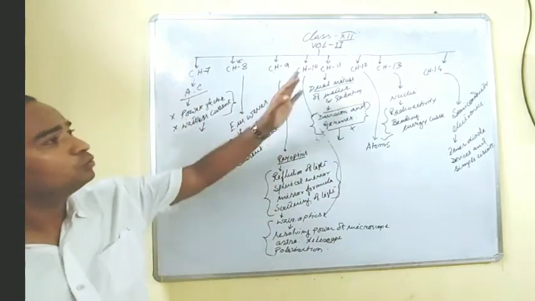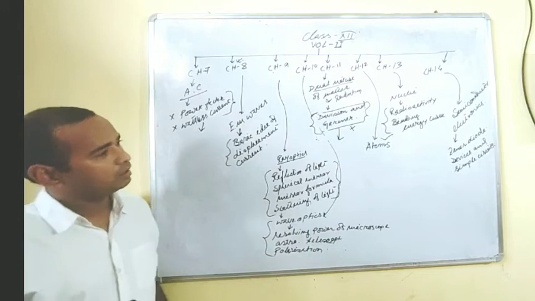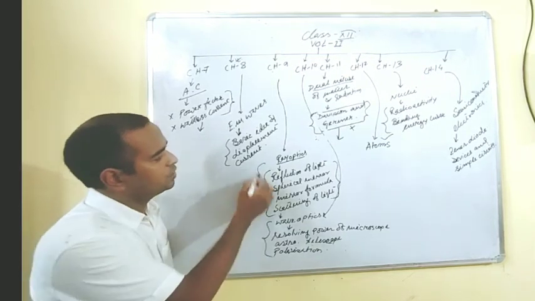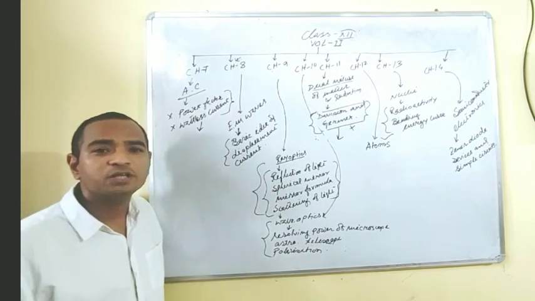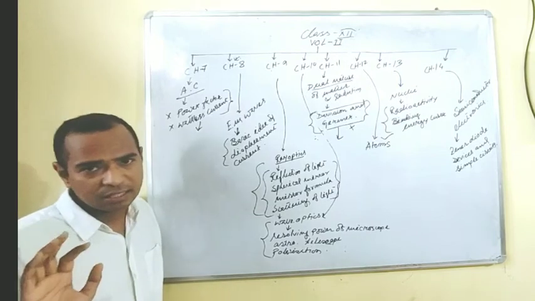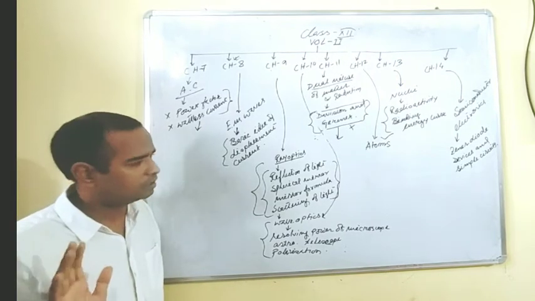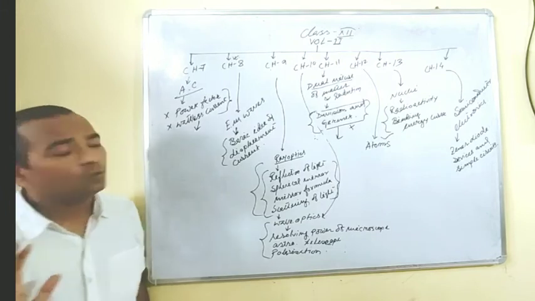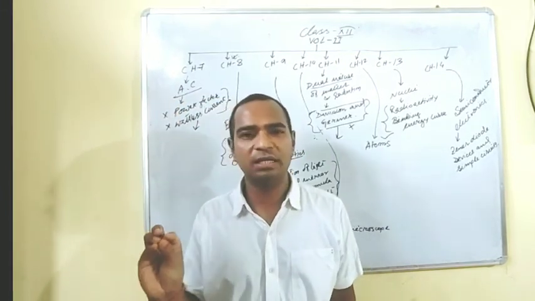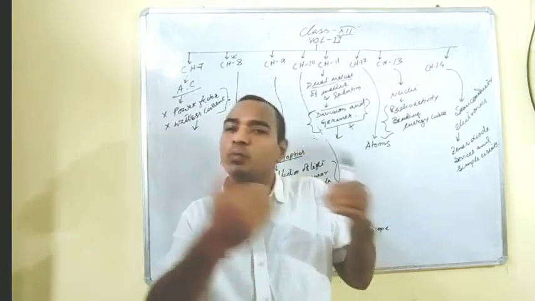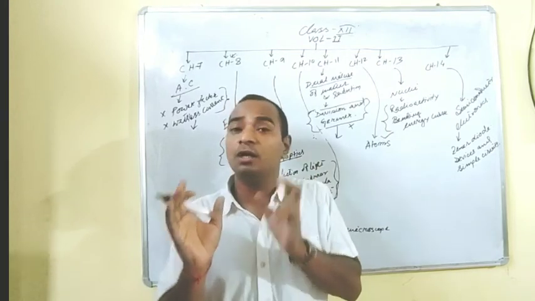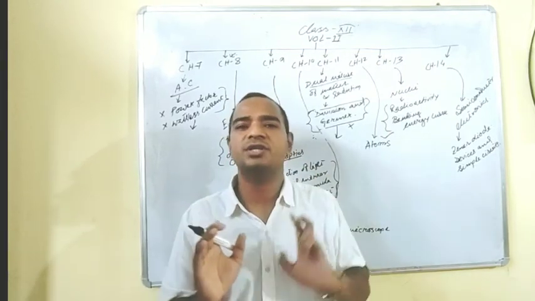So in volume 2, the maximum portion which is deleted is this optics part. Initially it was a very big chapter. Now at least some portion has been deleted and some reduction is there. So we have learned what we have to delete exactly and what we have to look back at after the examination, if those portions are not deleted from the entrance examination.